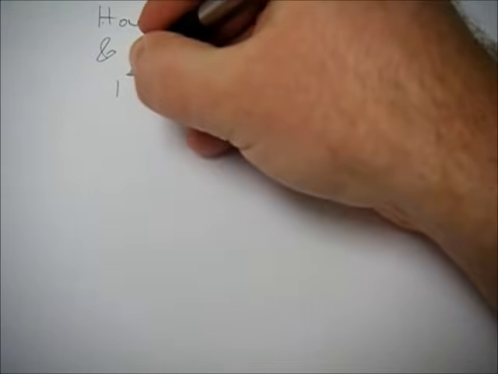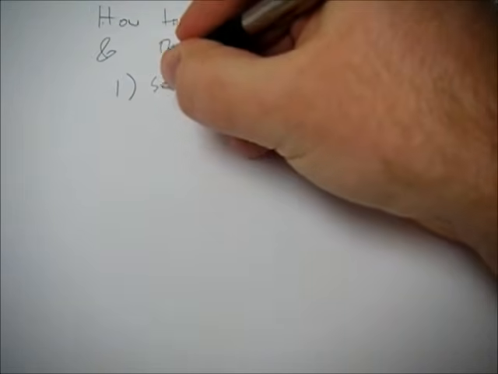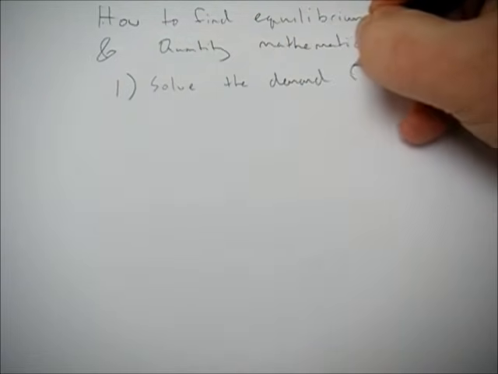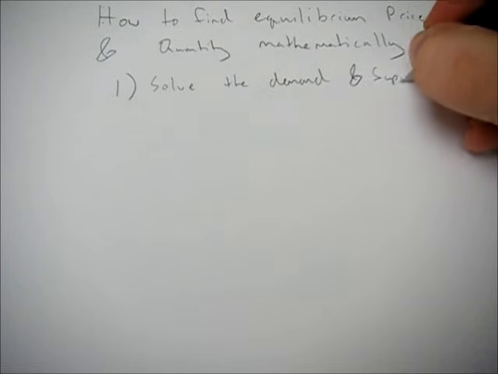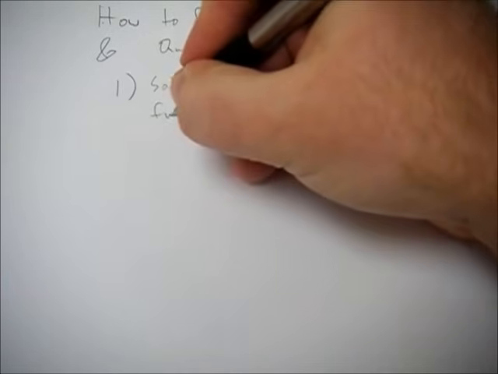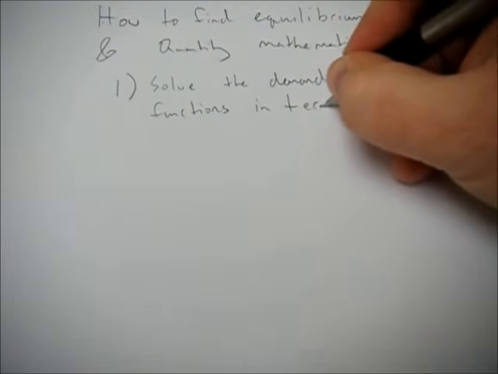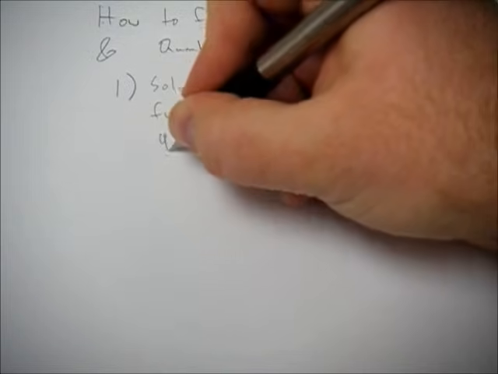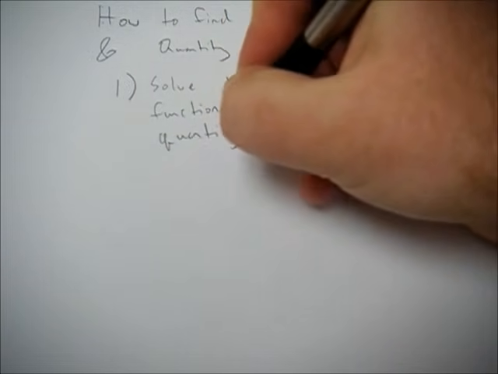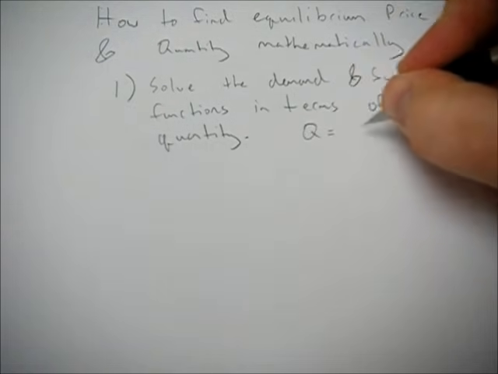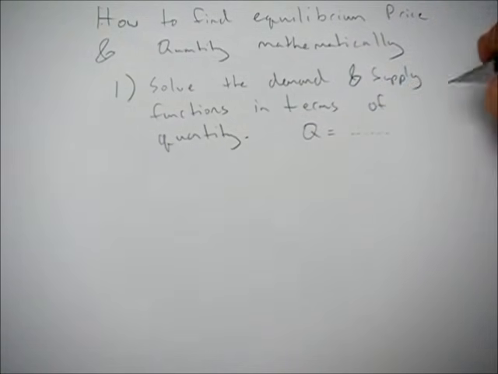The first step is to solve the demand and supply functions in terms of quantity. By this I mean you have Q equals something instead of P equals something. And we'll go through an example in a second.